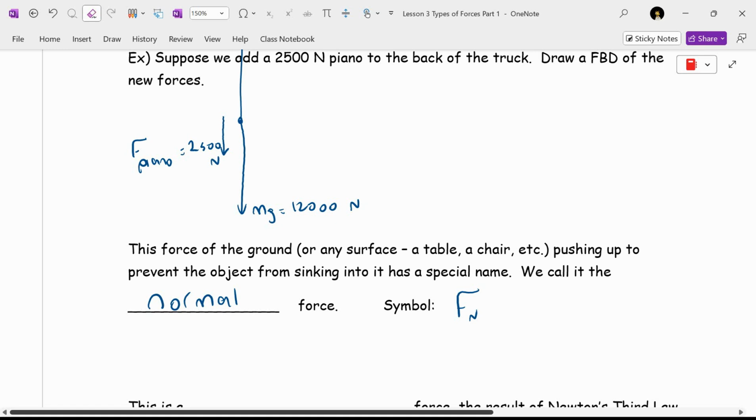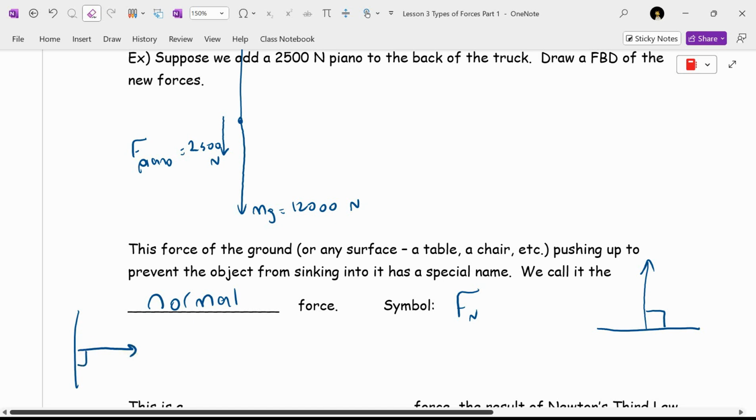Why do we call it the normal force? The word normal in math means at right angles to. If this is the ground, the normal force is pushing up at a right angle. In other words, when you're standing, you don't feel the ground pushing you sideways at an angle. It's pushing straight up on you. Or if I'm pushing against a wall, the normal force is pushing straight out from the wall at a right angle.